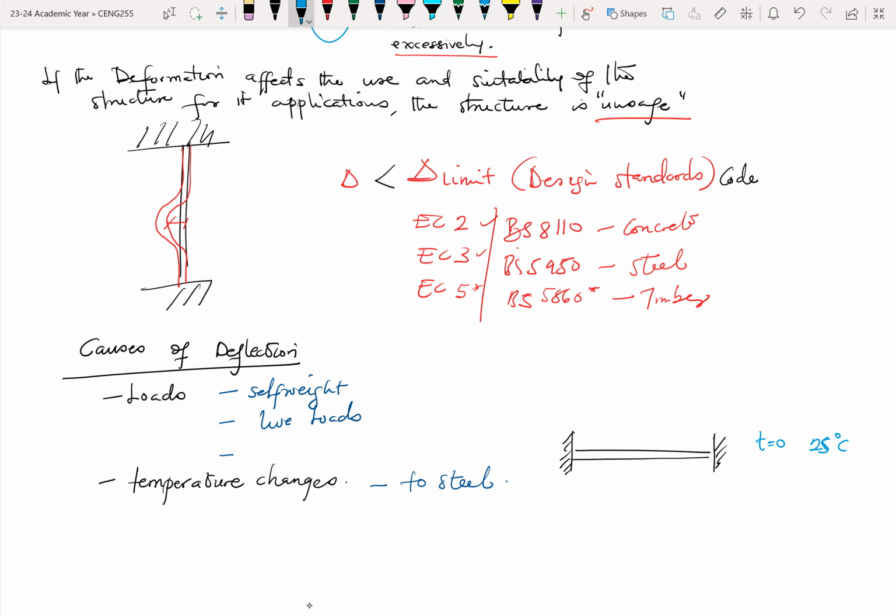So everything is straight. There's not really any expansion. Then when the time moves to, let's say, during the day, you'll realize that the temperature has now increased to, let's say, I'm exaggerating it, about 40 degrees Celsius. Okay.